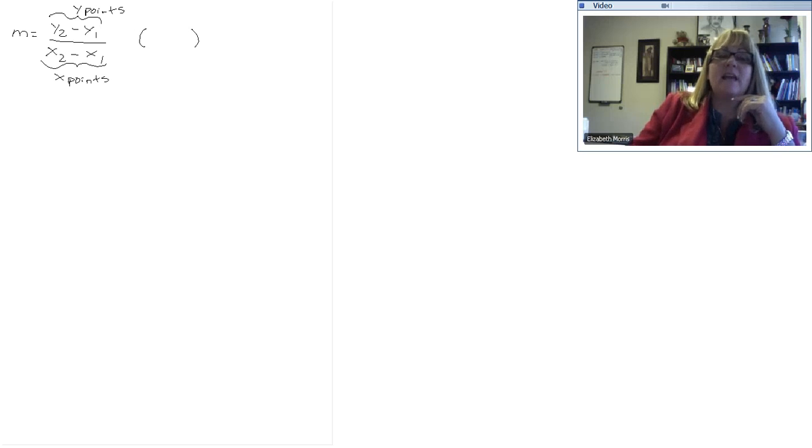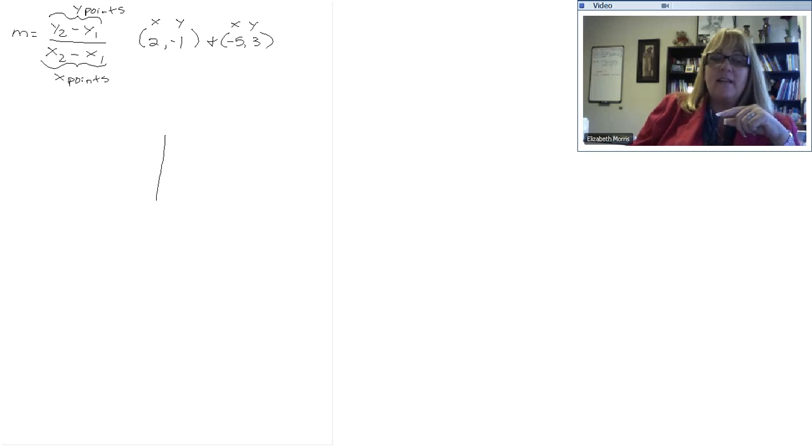It's not X and X, it's X and Y. So if I had these 2 points, we know they're X and Y, and I wanted to know the slope. The reason I can find the slope is because if I were to graph these 2 points and connect them, I'd have a line, correct? And we're finding the slope of a line.